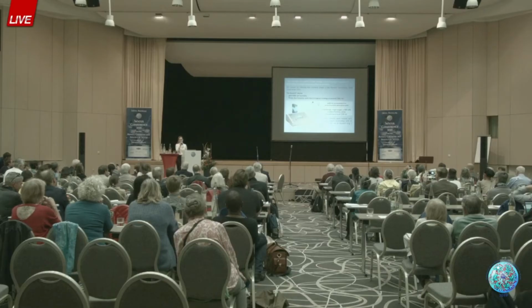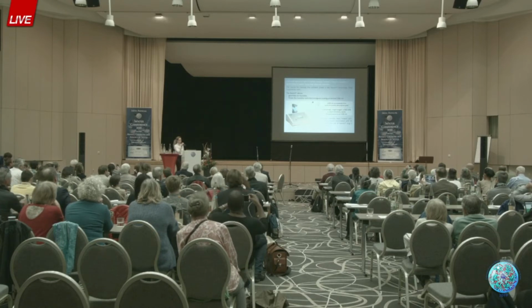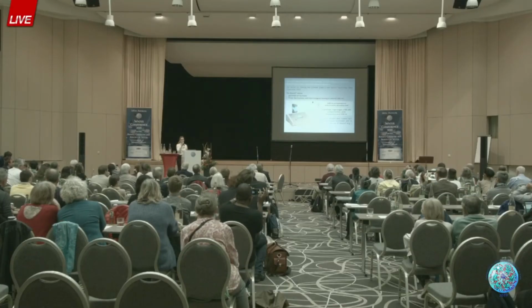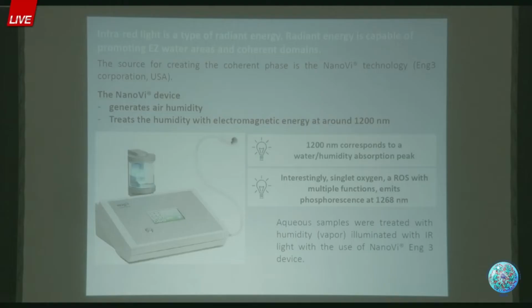So we use nano-V technology in our study as a possible source of coherent phase. Nano-V technology involves production of air humidity with a compressor type evaporator, and then this vapor is treated with infrared light at about 1200 nanometers. This device is designed as an inhalator, and people are supposed to inhale the vapor for their well-being.